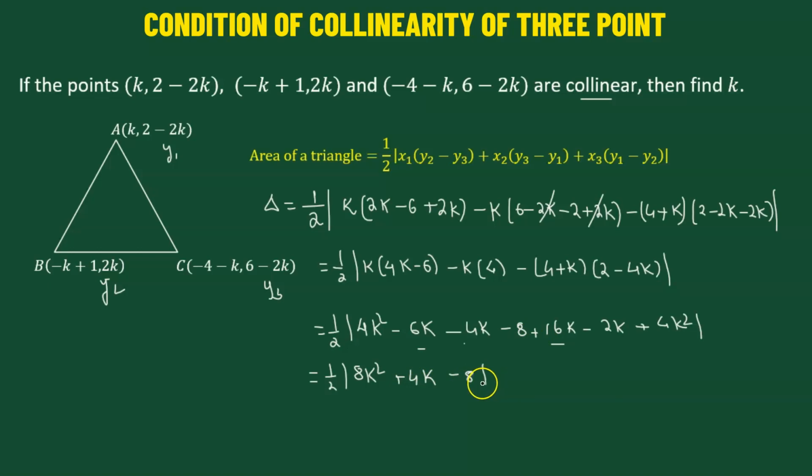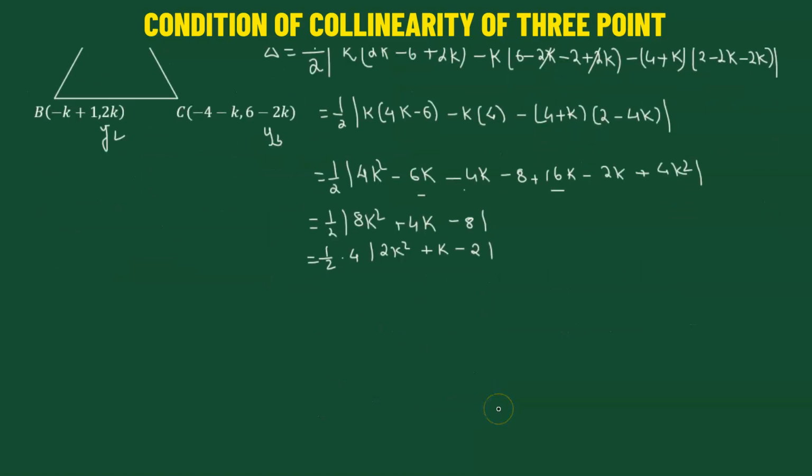If we factor out 4 as the common factor, we have half times 4 times 2k squared plus k minus 2. We can factor out 2 from the numerator and denominator, so we are left with 2 times 2k squared plus k minus 2. That's the area of the triangle.